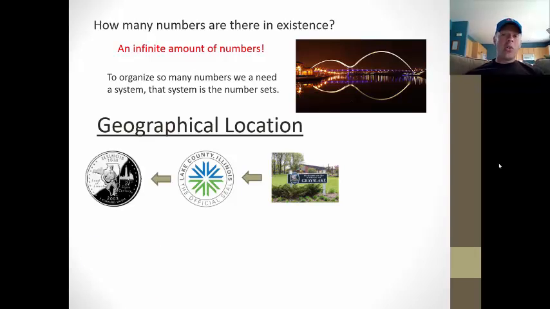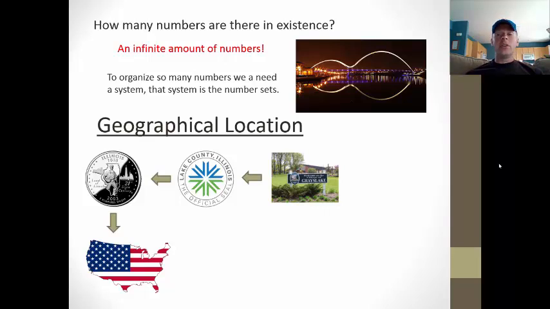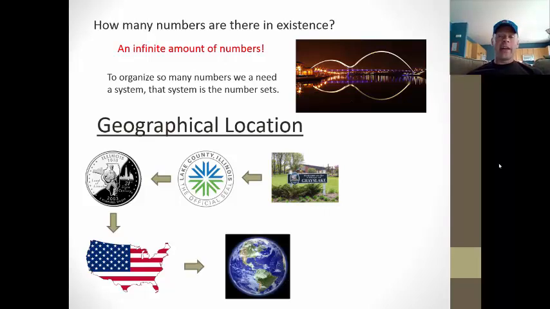If you're in Illinois, you're in the United States, and if you're in the United States, you are on planet Earth. Notice how each smaller geographic location fits into the larger one. And if you're in a smaller one, you're guaranteed to also be in the larger one. But the reverse is not true. Just because I live in the state of Illinois does not mean that I am located in Grayslake.